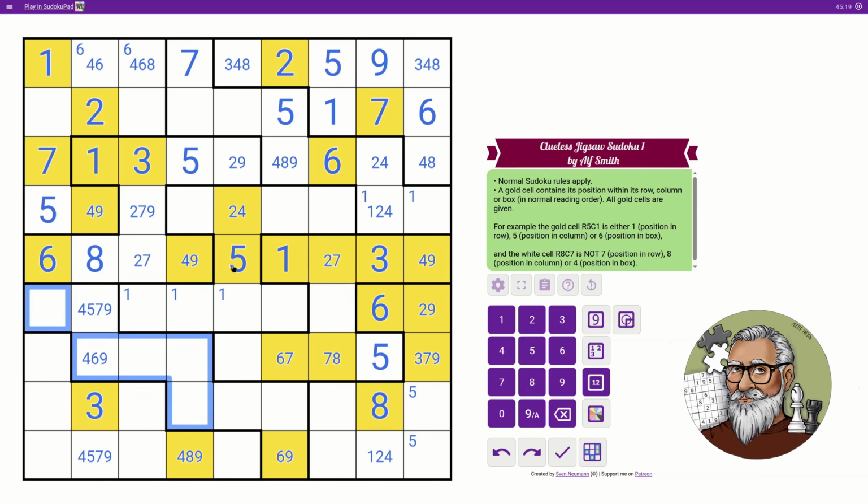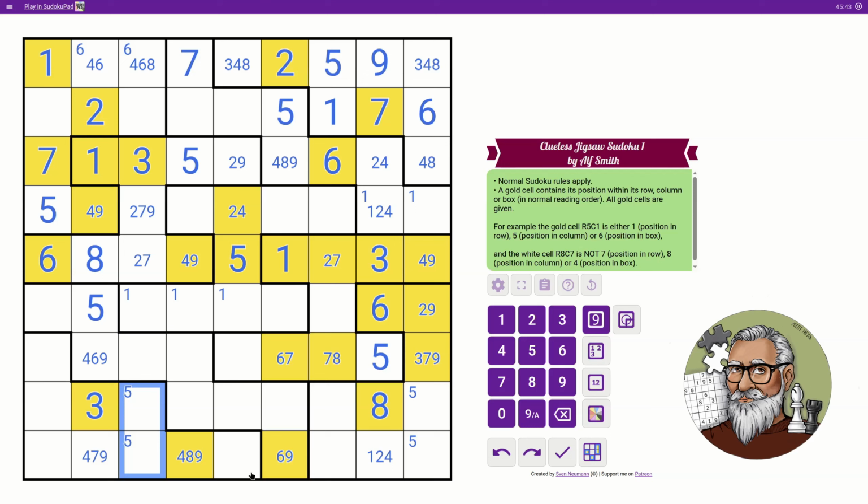This one isn't either. This one isn't, and this one isn't. Neither is this one. So yeah, this is a 5. This isn't 5 anymore. And now I need a 5 here, but there are still 2 places, right? Both are allowed. 1, 2, 3, 4, yeah.